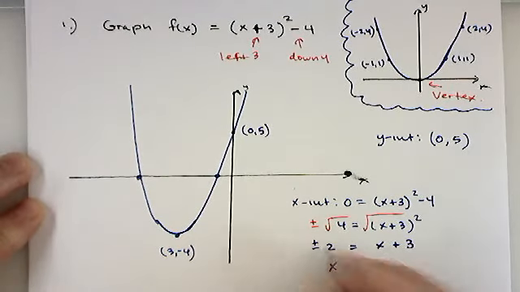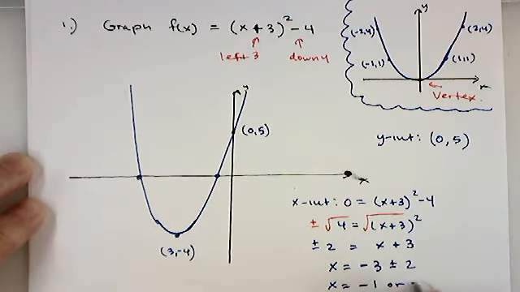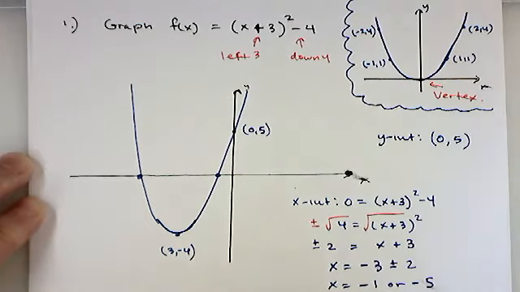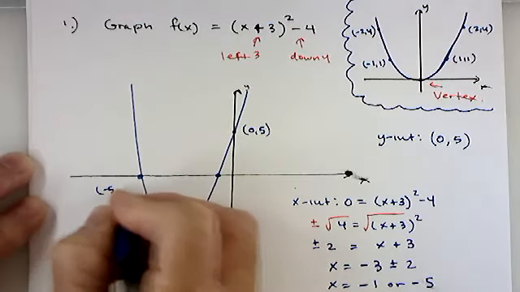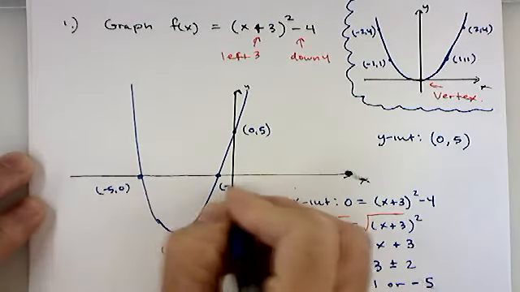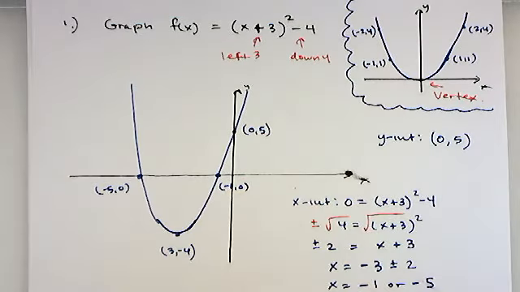If I move that 3 over, it's going to be -3 plus or minus 2, which gives me either -3 plus 2, -1, or -3 minus 2, -5. Okay, so there's that parabola.